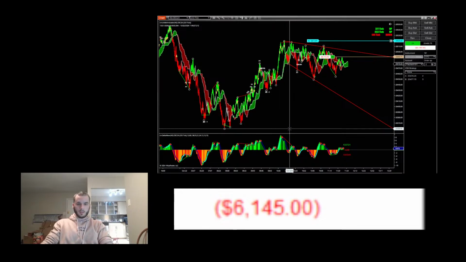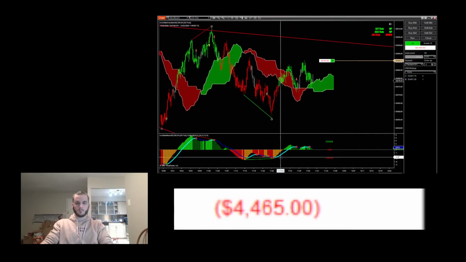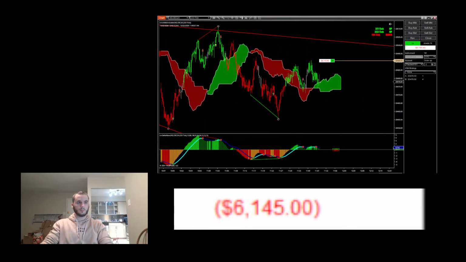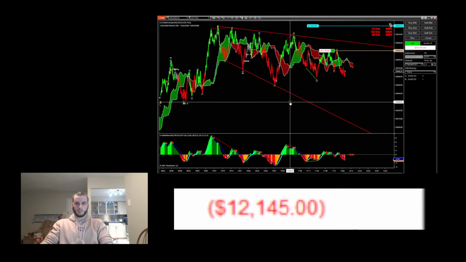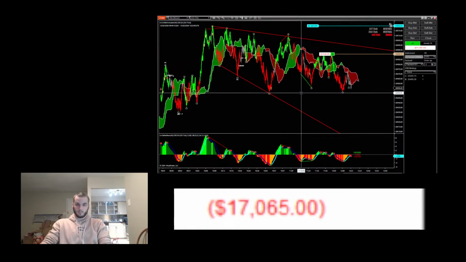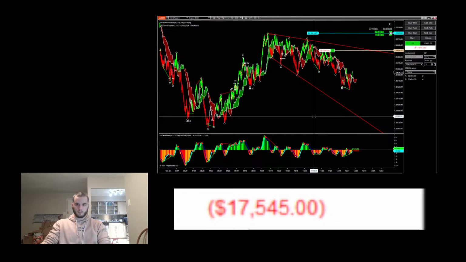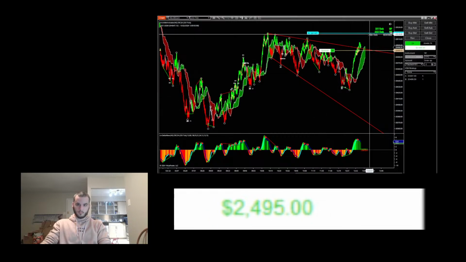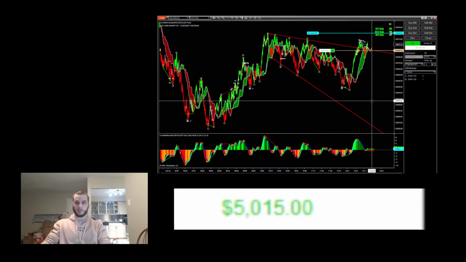In terms of pivots, I only really care about what's going on. So they really swept everybody out before making that next move higher.